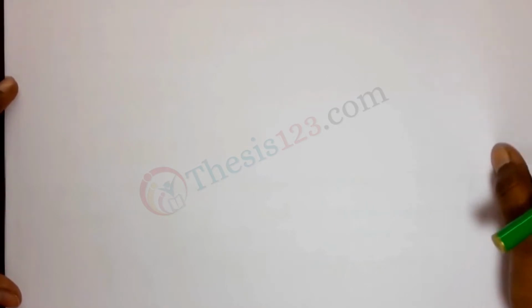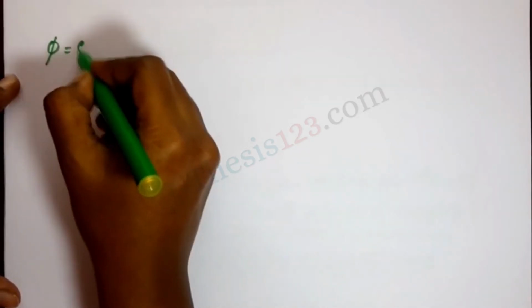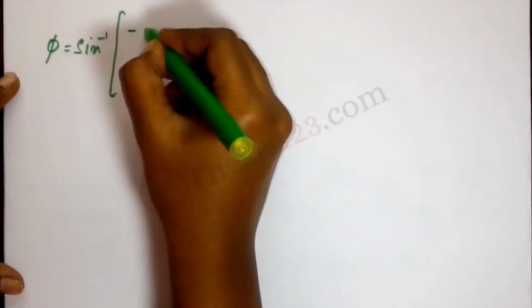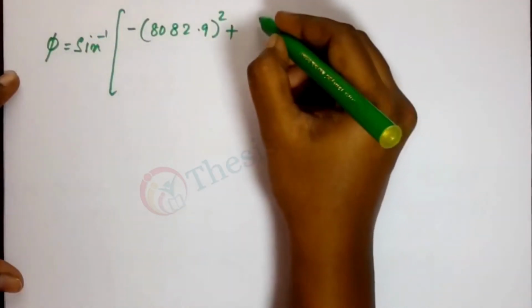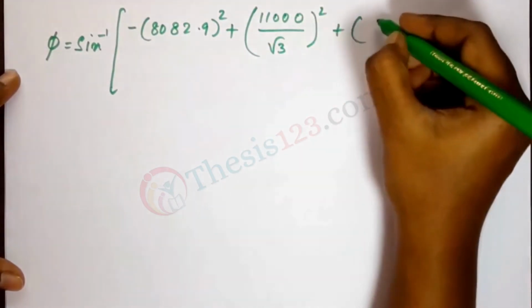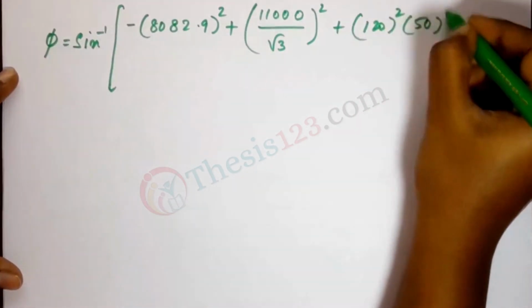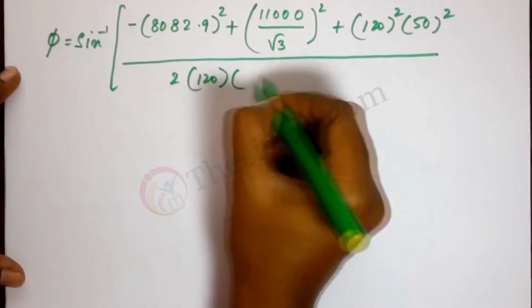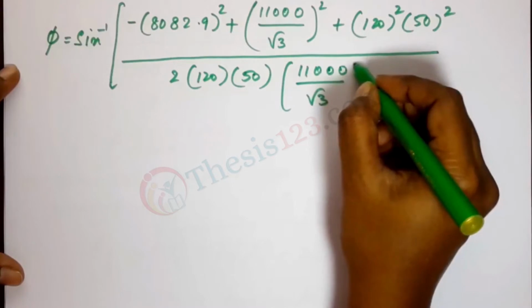Now that very same equation, I'm just going to isolate phi. Please note, phi is then equal to sine inverse of, this is going to be a little large, please note, minus 8082.9 square plus Vt square, 11,000 divided by root 3 whole square plus, next is I square Xs square, so 120 square, 50 square, whole divided by 2 into I into Xs into Vt.